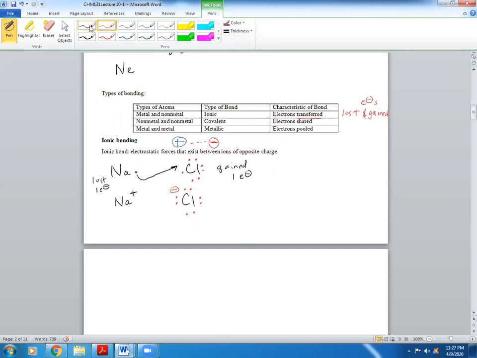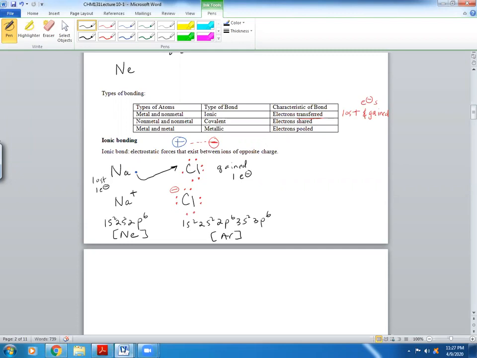If sodium loses an electron, just like we did electron configuration in the last chapter, this will be 1s2, 2s2, 2p6. And this is nothing but neon. If chlorine gains 1 electron, it becomes 1s2, 2s2, 2p6, 3s2, 3p6. And this is nothing but argon.